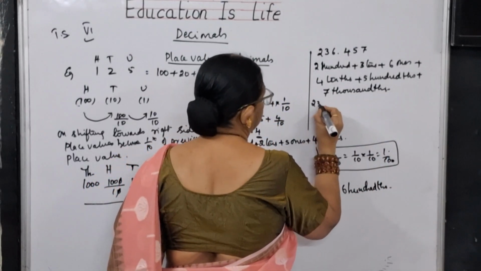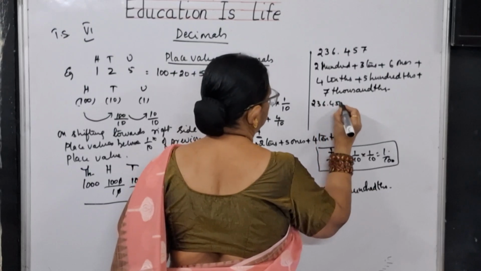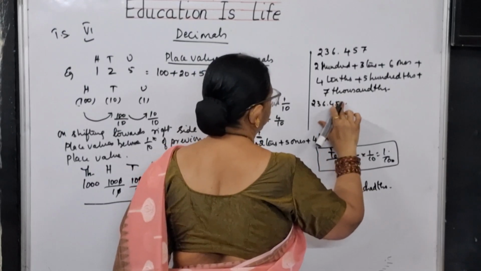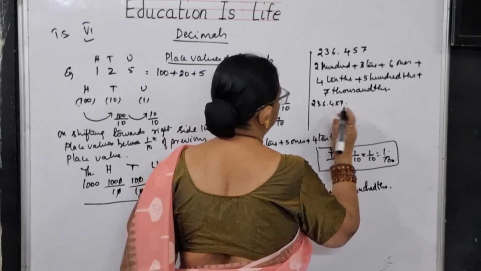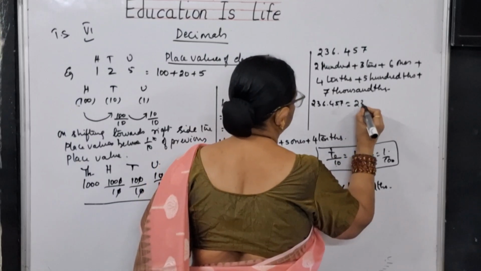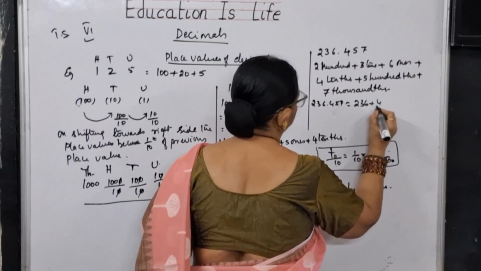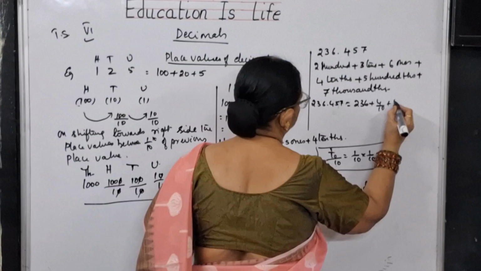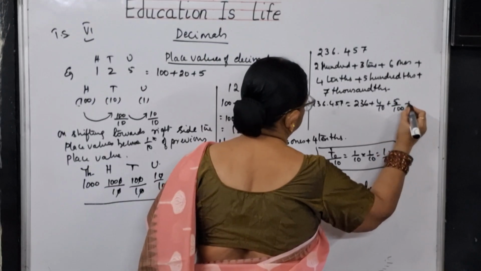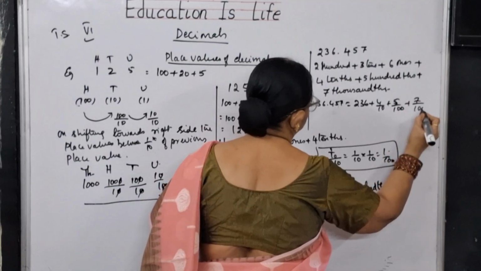When you are writing its expansion, how will you write? Sir, .457, how will you write? It is equal to 236 plus 4 by 10 plus 5 by 100 plus 7 by 1000.